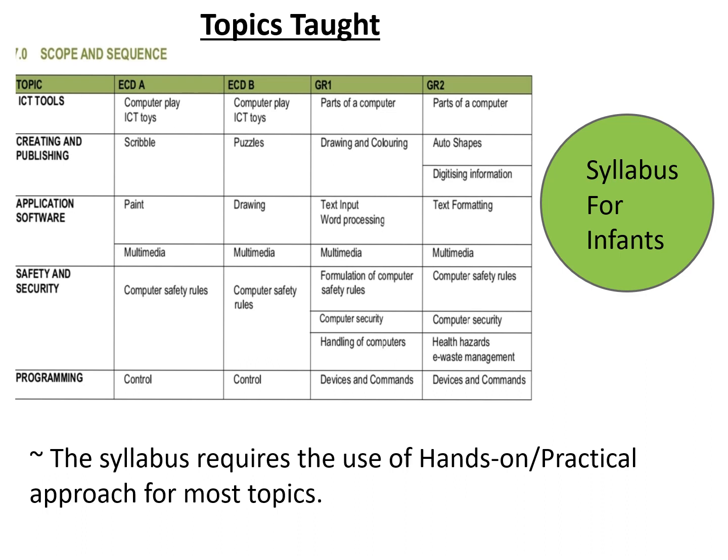So when we look at the syllabus, all the topics require a hands-on or practical approach, meaning that in order for the teacher to teach these topics effectively, the students should have access to computers.